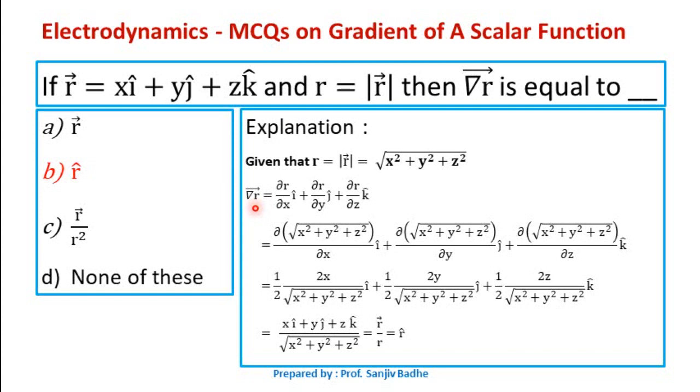So gradient of r here turns out to be a unit vector along r bar. So this is given in the option B, and therefore B is the correct option here. When you find gradient of magnitude of r bar, it will come to be unit vector along this vector r bar. So B is the correct option.